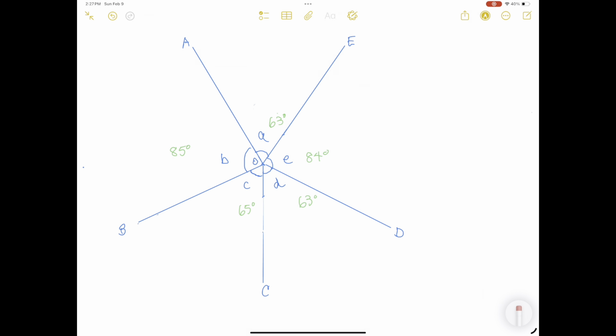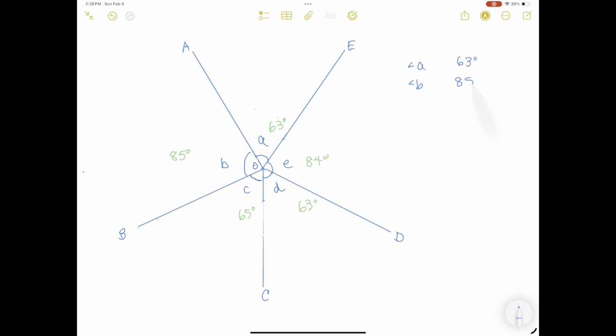This next figure shows 5 angles converging at point O. I measured each of those angles with a protractor. Now I will find the sum of all those angles which converge at point O. I write down all those angles and add them up to find that the sum of those angles is 360 degrees.